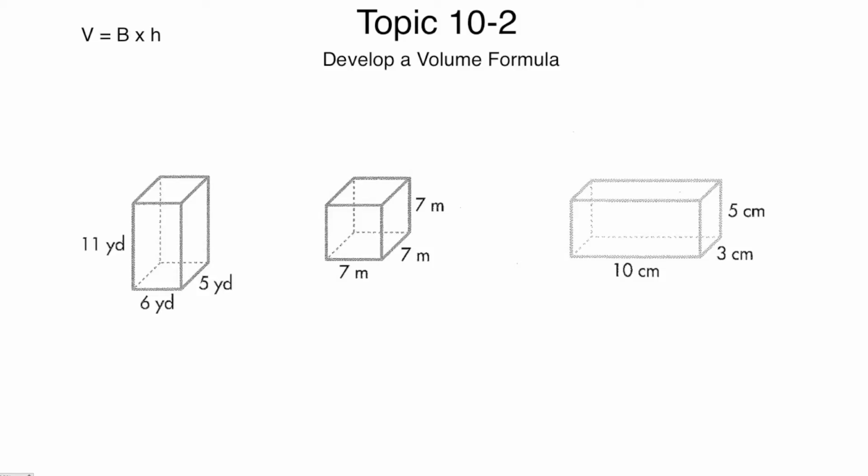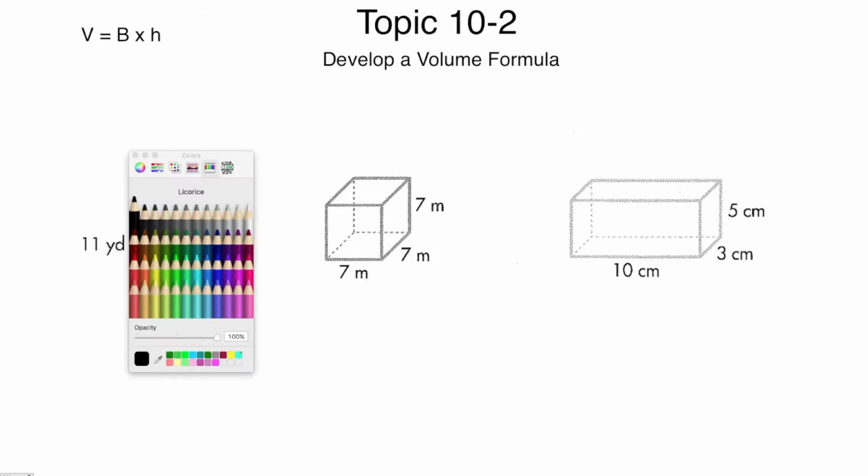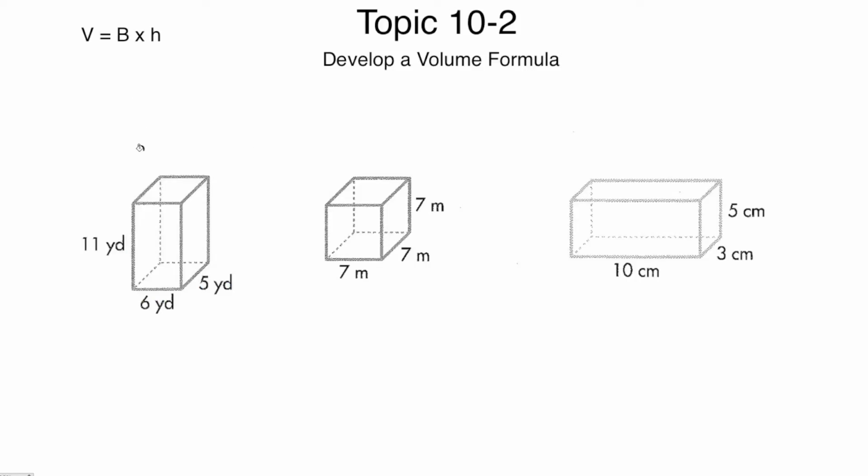Now, base does not always mean bottom. Okay? So let's take, for instance, let's try a different color here. That two-dimensional, it's a rectangle because it's 6 by 5, you could use that as your base.